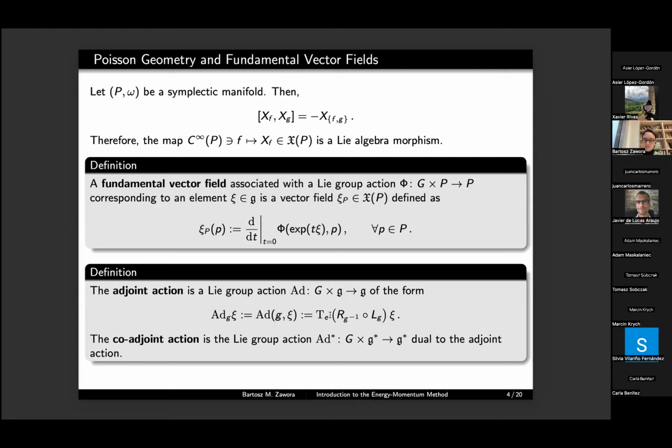Basically, it is the left multiplication by g and right multiplication by g^-1. It's the tangent map to this composition, for an element in the algebra. We also define the coadjoint action, which is just dual to the adjoint action, and we'll be concerned with this coadjoint action.